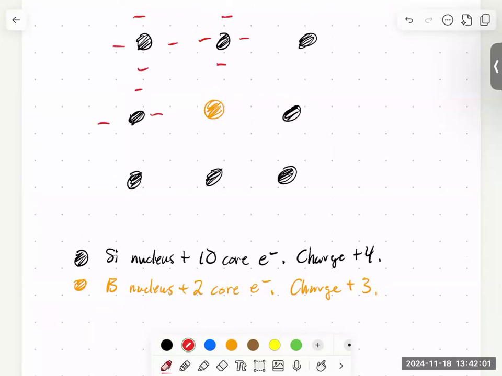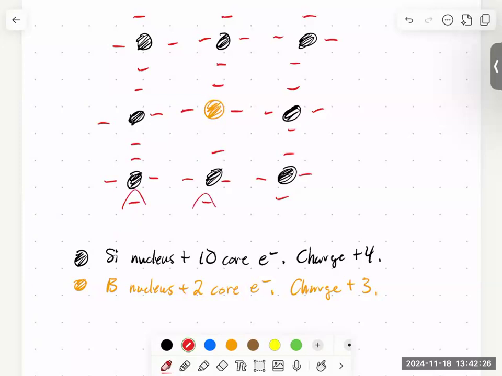Well, in fact, this time they'll all be in covalent bonds. The issue is going to be, however, that our dopant is missing a valence electron relative to the silicon.